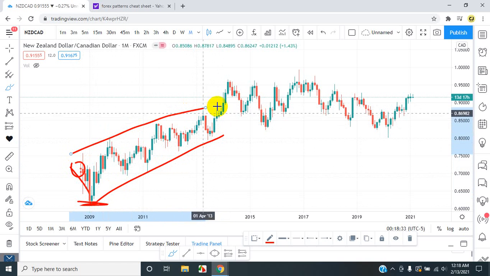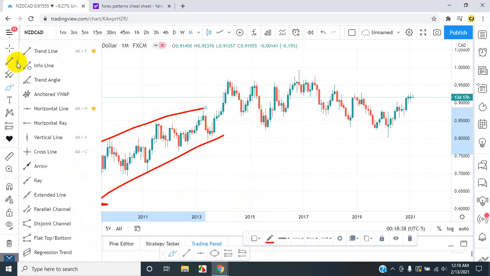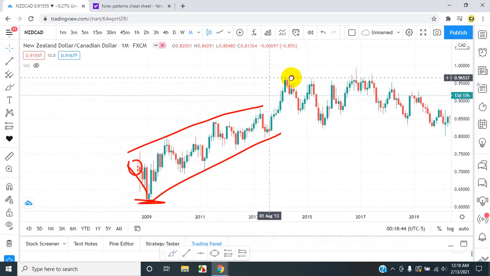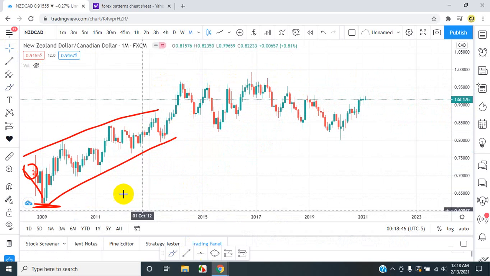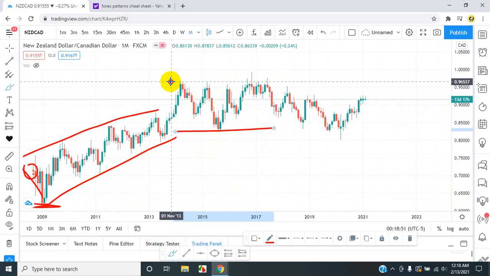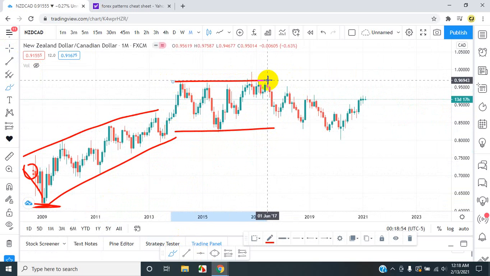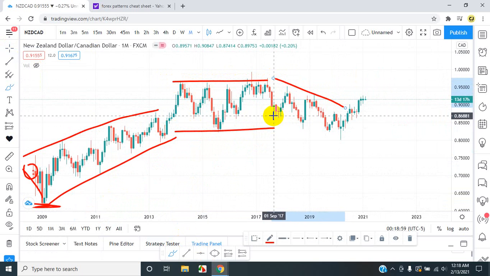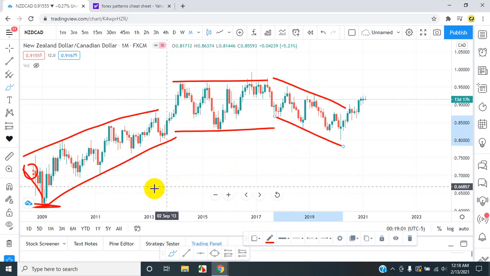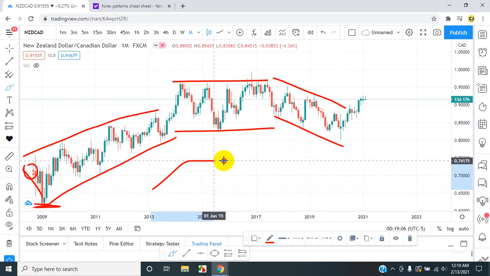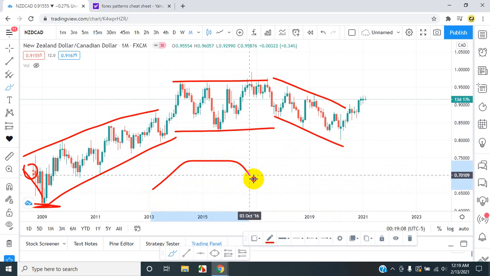Once the market was put into this uptrend, from there we can see that the market turned itself into a consolidation. So the market went sideways here. And then the market dropped and went into a downtrend. So basically what the market did was it went to an uptrend, consolidated, went sideways, went into a downtrend.